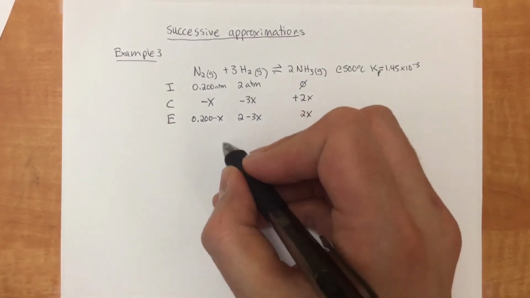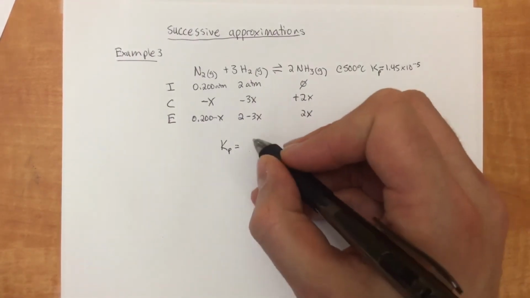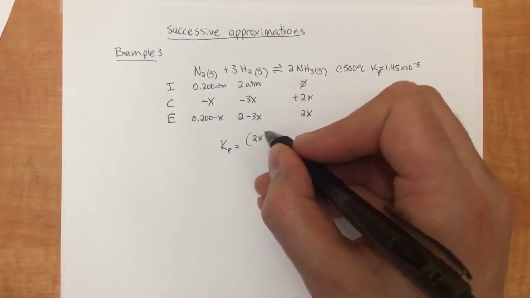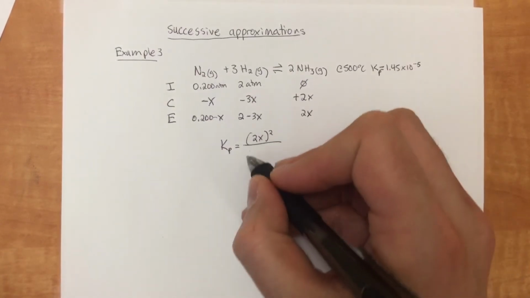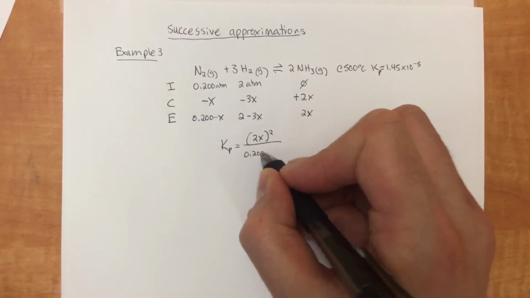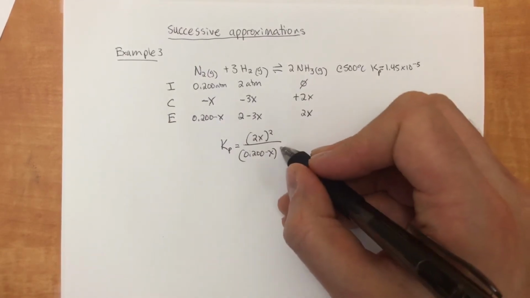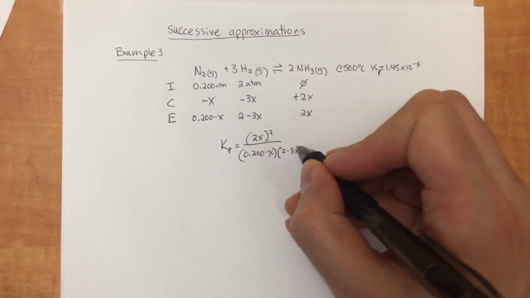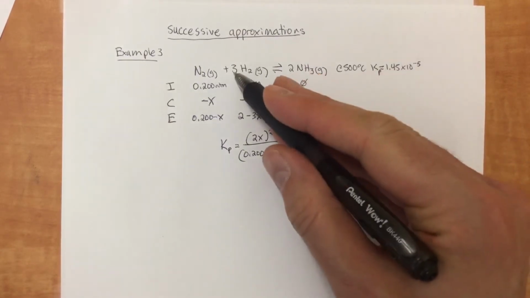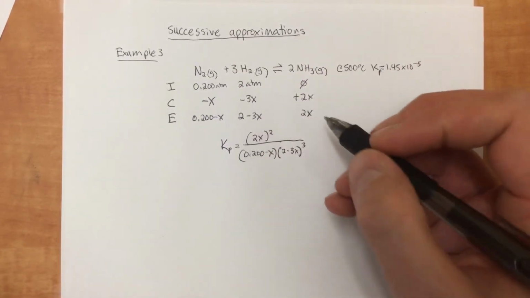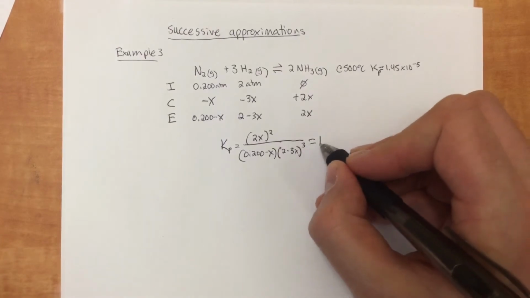We put this into the equilibrium expression, Kp equals (2x) squared over 0.200 minus x times (2 minus 3x) cubed for the coefficient on the hydrogen. This equals our equilibrium constant.